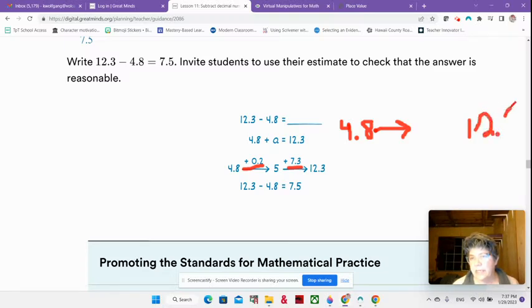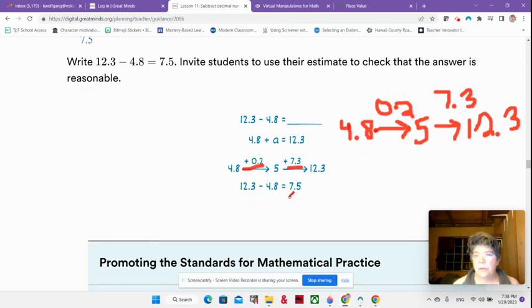So 4 and 8/10, if we add 2/10 to that, that's going to bring us to a whole number 5, right? Then from our whole number 5, what do we need to do to get to 12 and 3/10? Well, 5 plus 7 is 12, and 7 and 3/10 would get us to 12 and 3/10. Okay, so I just wanted to model how you move forward with that.